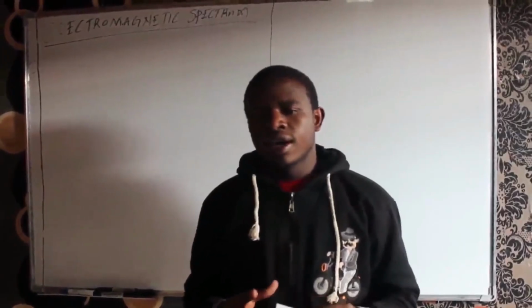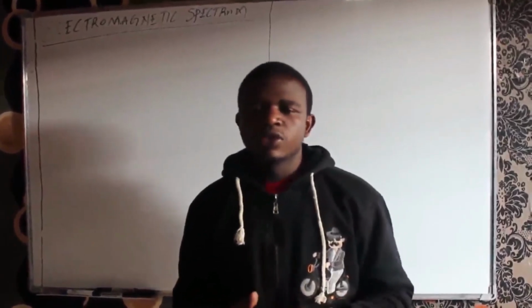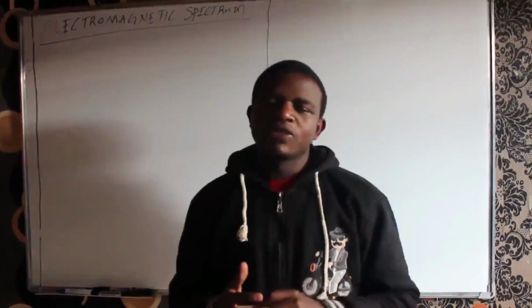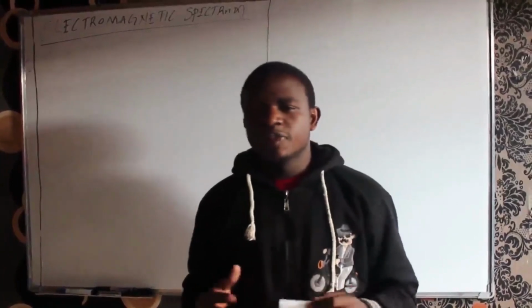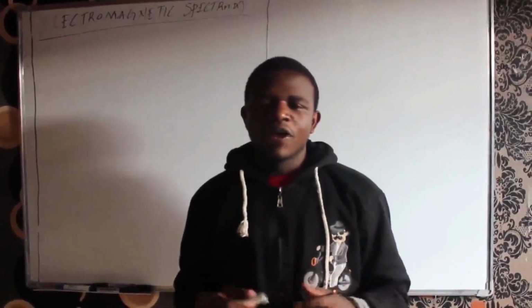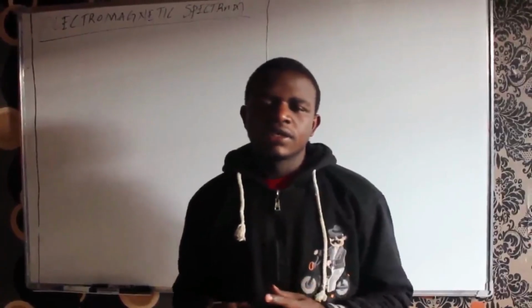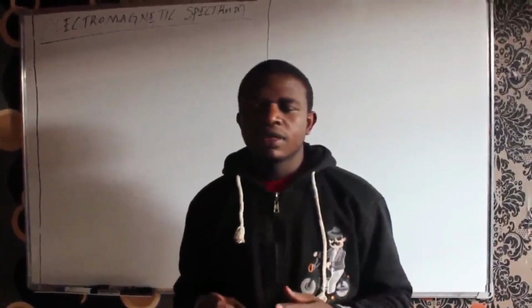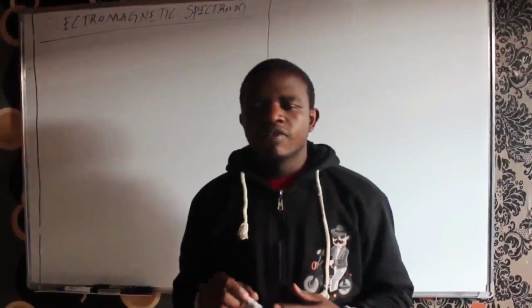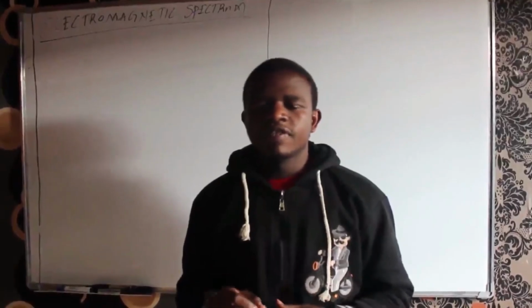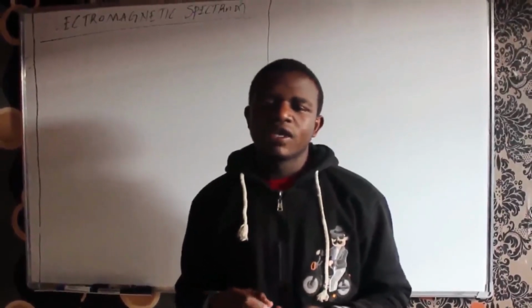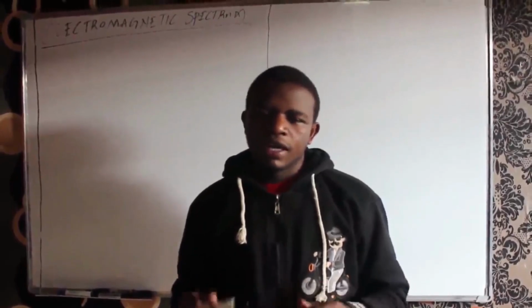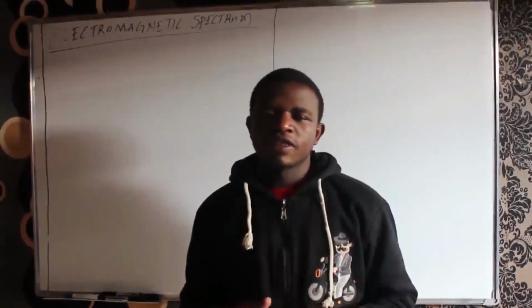Then the X-rays and the gamma rays also form part of the electromagnetic spectrum. The sequence is arranged as follows: we have the radio waves, the microwaves, the infrared radiation, the visible light, the ultraviolet waves, the X-rays, and the gamma rays.